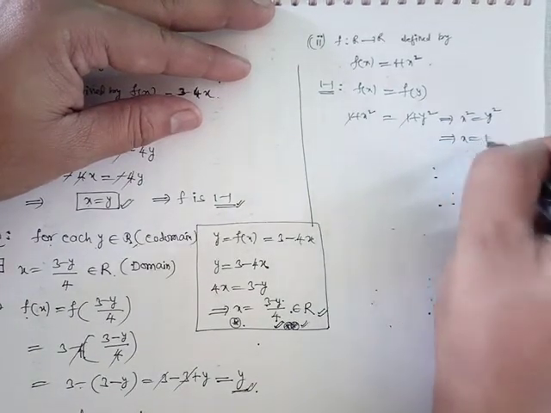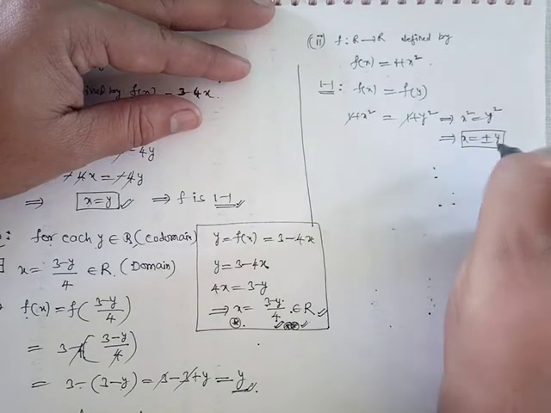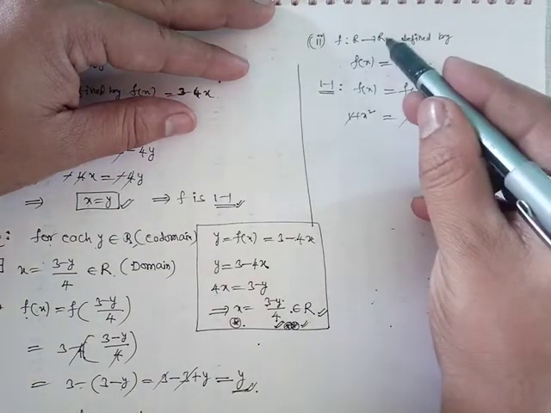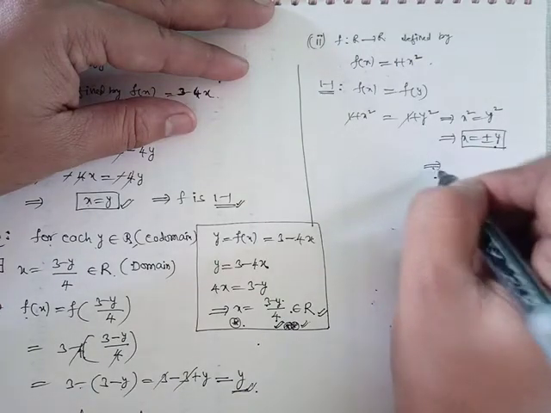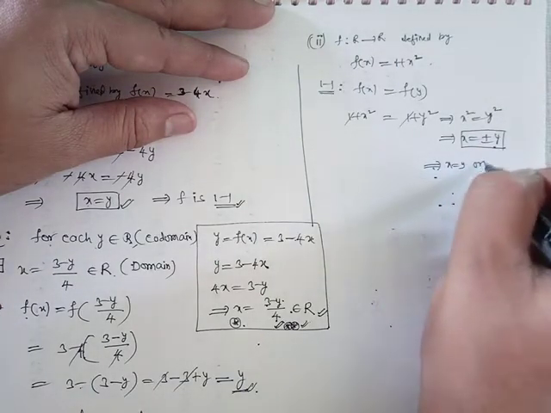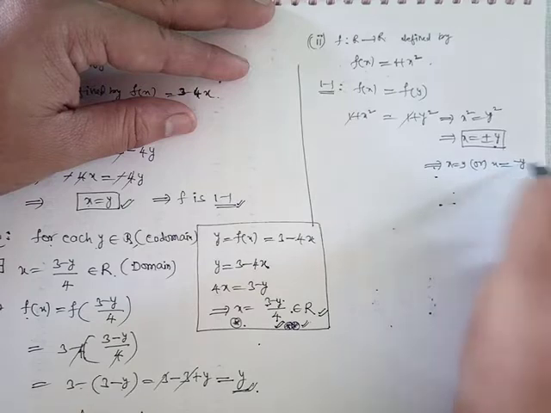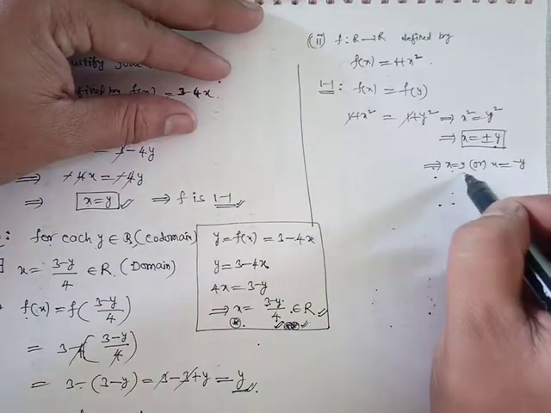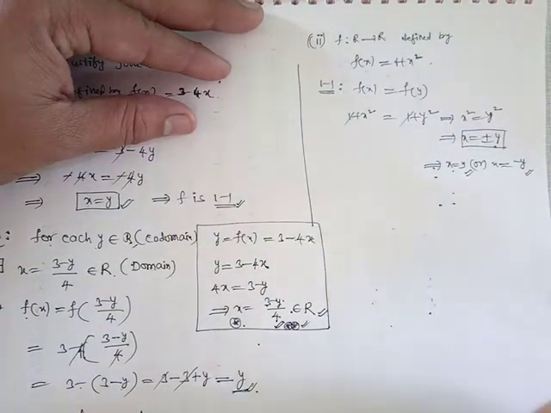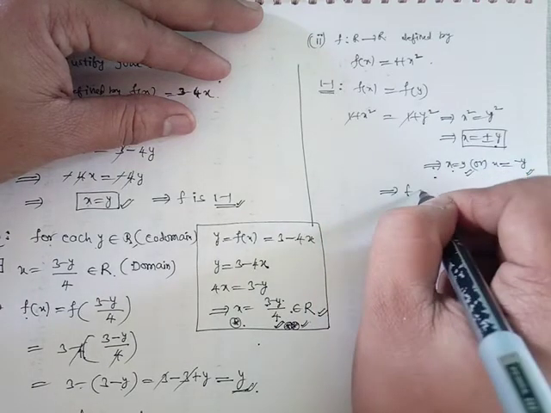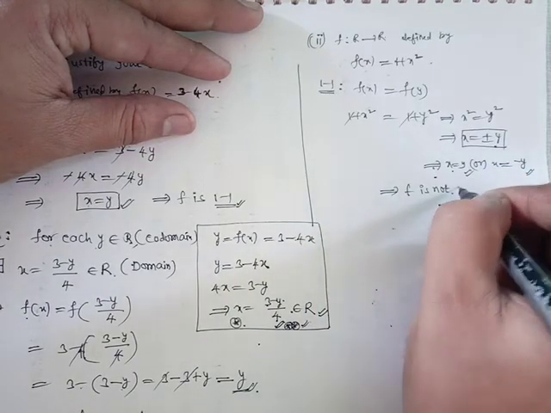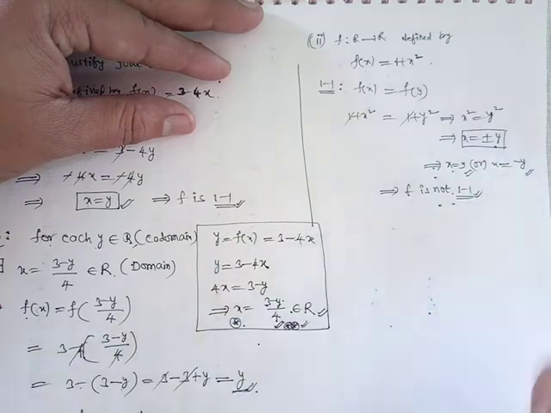Then x can be taken as plus or minus y, both belong to R. So x = y or x = -y. x is having two different images, so f is not 1-1.